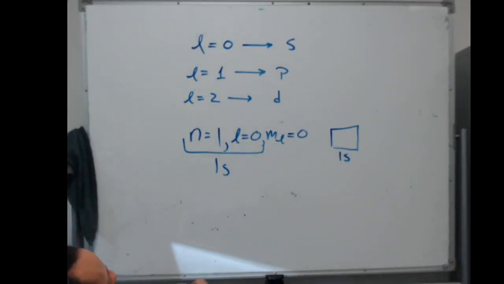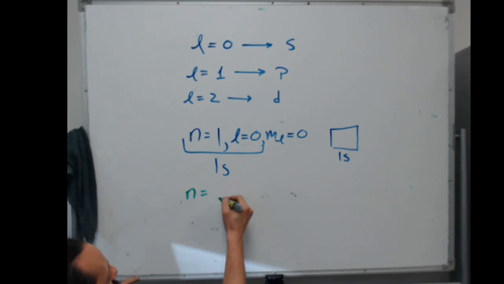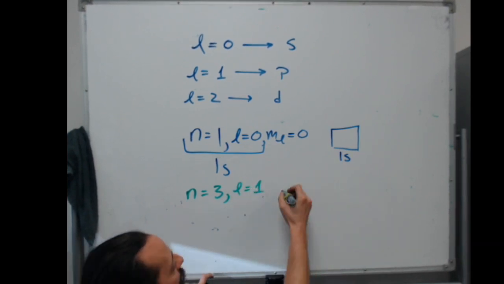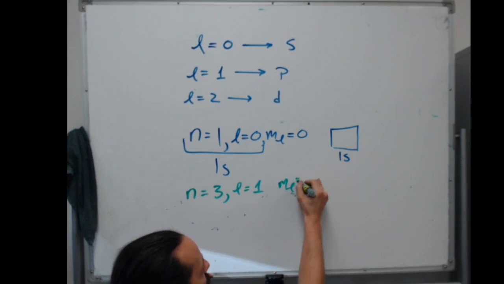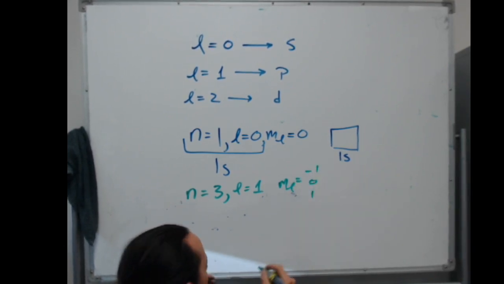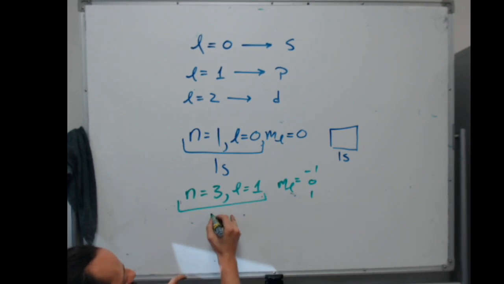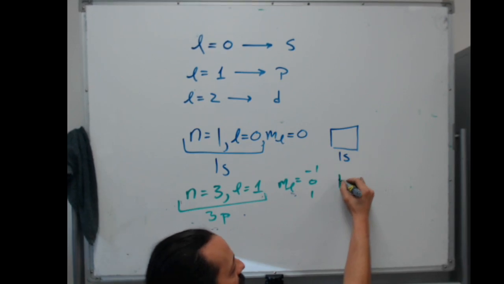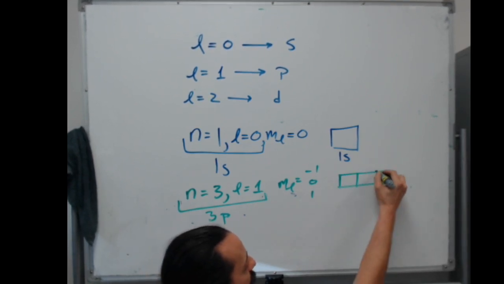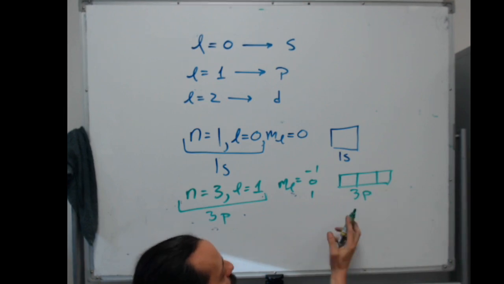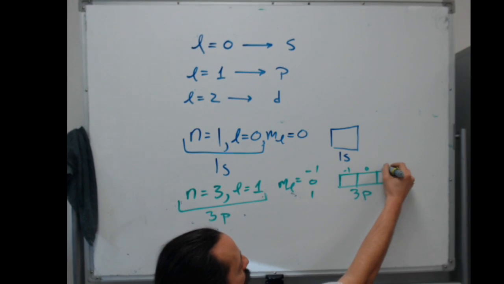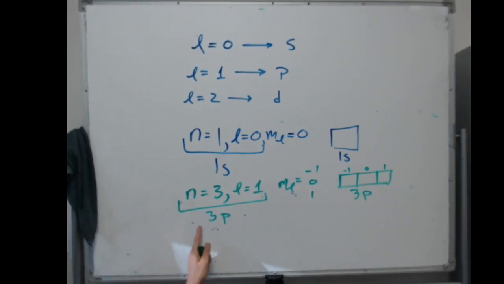If instead we wanted to do n equals 3, L equals 1, m sub L equals -1, 0, or 1, this would be our 3p subshell. And because I've got 3 possibilities, I would draw 3 boxes. The -1, the 0, and the 1, to represent my 3 orbitals associated with this subshell.